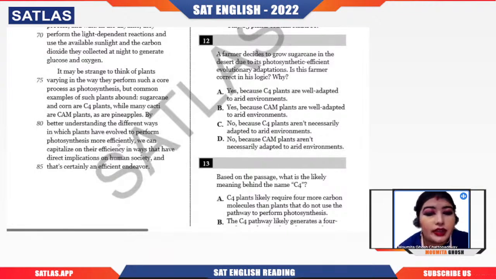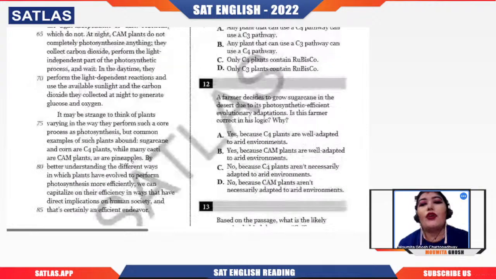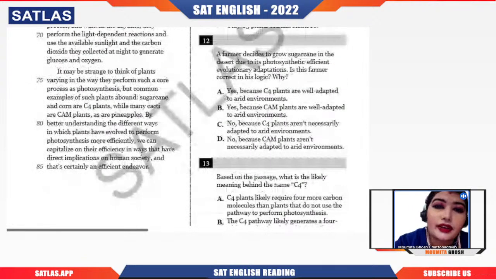By better understanding the different ways in which plants have evolved to perform photosynthesis more efficiently, we can capitalize on their efficiency in ways that have direct implications on human society, and that's certainly an efficient endeavor. Obviously photosynthesis has a direct impact on our life, because due to photosynthesis we get oxygen, we inhale oxygen and exhale carbon dioxide.